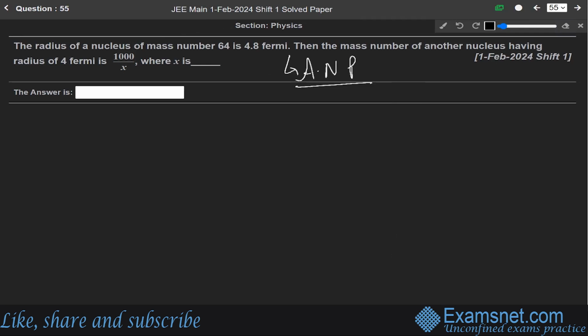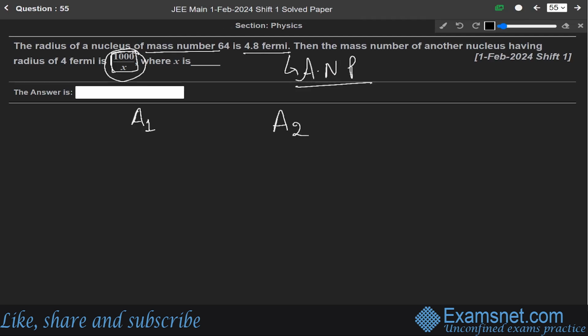Now, we are given the mass number and radius of one nucleus, and we have to find the value of x, where this whole expression is the mass number of the second nucleus. Let us say the first nucleus is A1 and the second nucleus is A2.